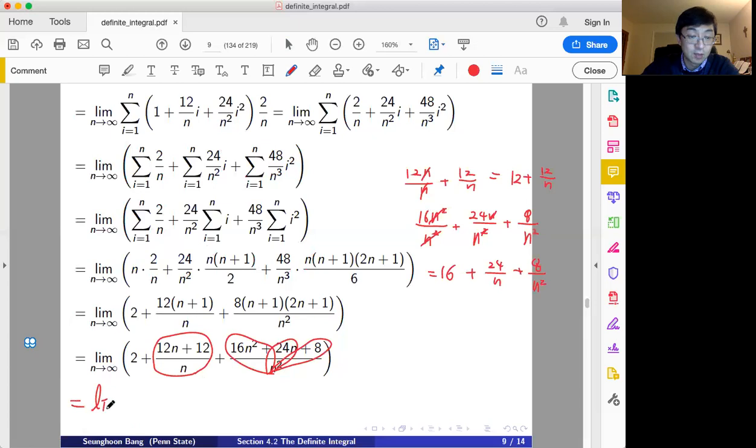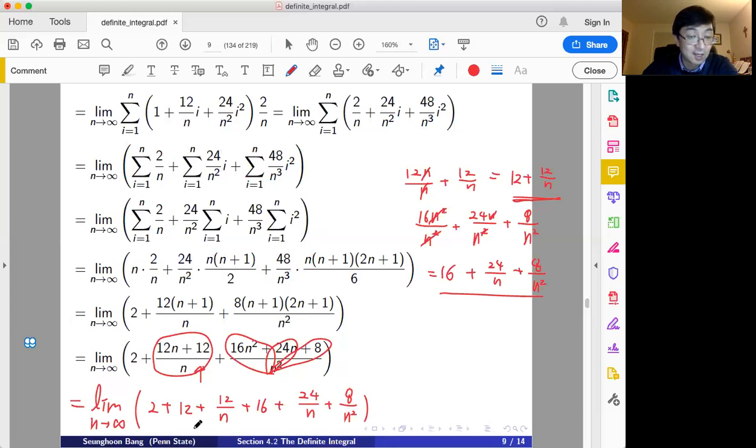Same for the limit as n approaches infinity. So 2 plus the first one, 12 plus 12 over n, plus the last one, 16 plus 24 over n plus 8 over n squared.